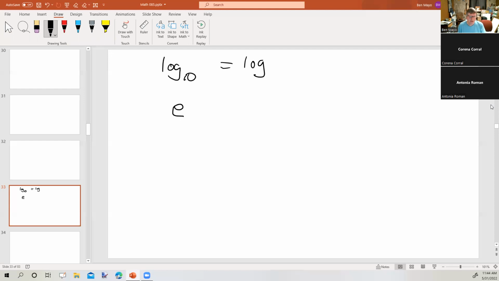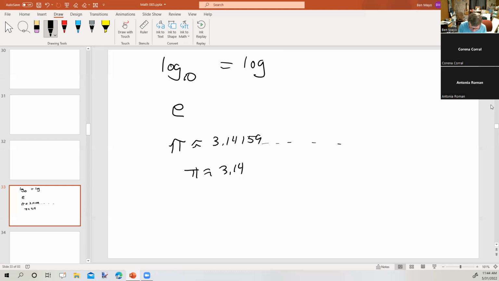Now, because it's a letter that represents the number, we tend to think of it as a variable, but it's not a variable. Let's go back to another irrational number. Pi, we say, is approximately 3.14159, and then it just keeps going on and on and on. So we tend to say pi is approximately 3.14. That's not exact.